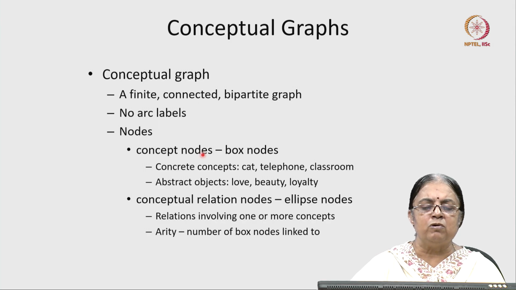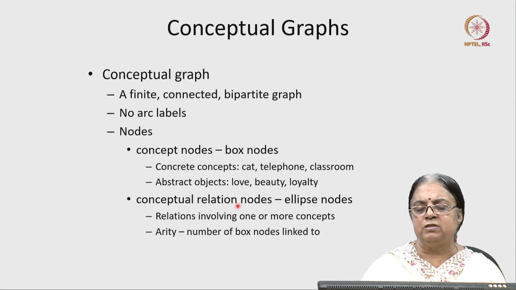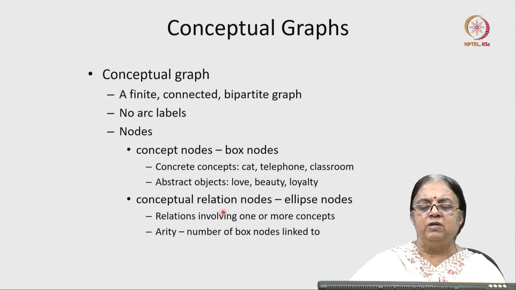So, you have the concept nodes or the box nodes, which consist of concrete concepts, for example, cat, telephone, classrooms, etc., and the conceptual relation nodes. Okay, these are the ellipses or the circular nodes, which talk about the relation between concepts.